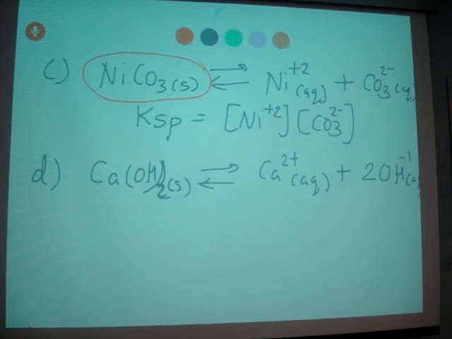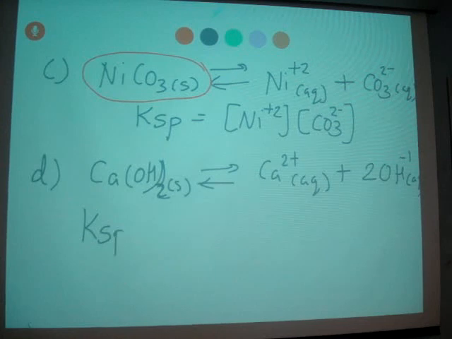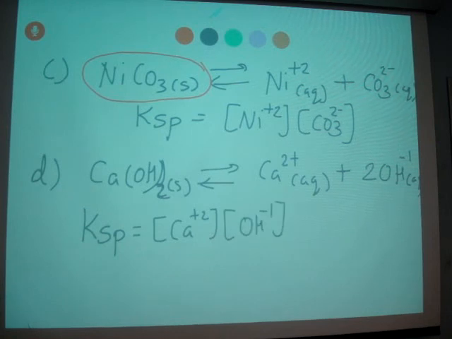Okay, so now when we write the KSP expression, we write the concentration of Ca 2 plus and the concentration of OH minus squared, since here it's 2, that's why we put 2 up here. So that's how we write the KSP expression for these ionic compounds.